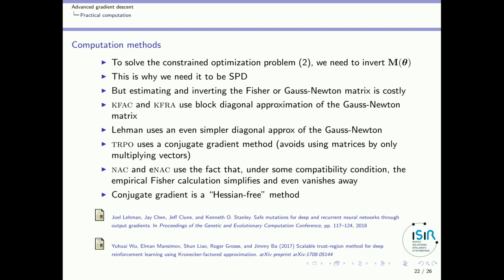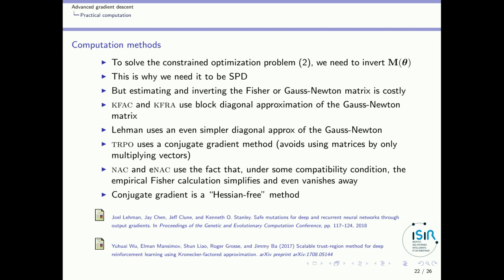But estimating and inverting the Fisher or the Gauss-Newton matrix is very costly because if theta is, for instance, the weights of a neural network, it can be a very, very long vector with millions of weights. Okay, so you won't be able to represent in your computer a matrix with millions of rows and millions of columns. That's not possible. Okay.